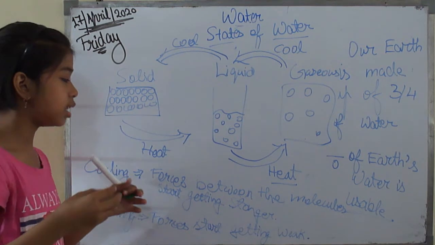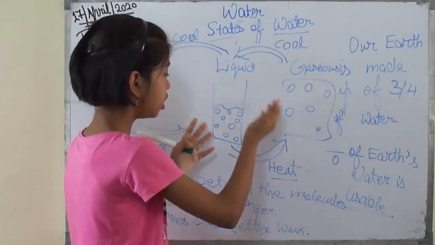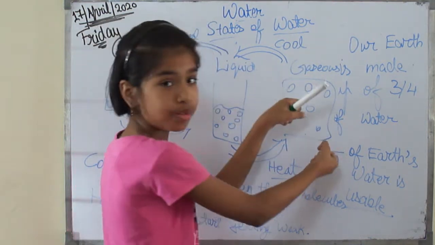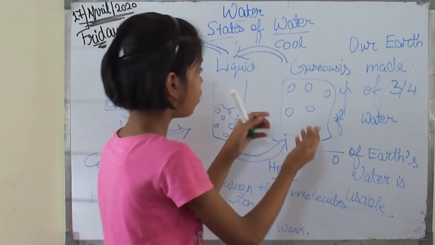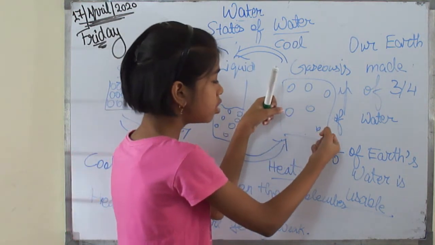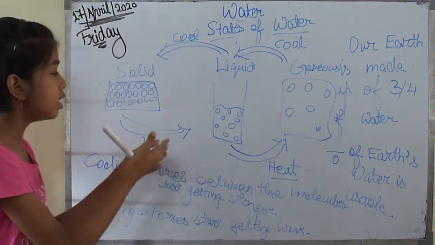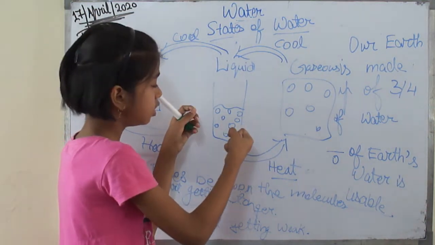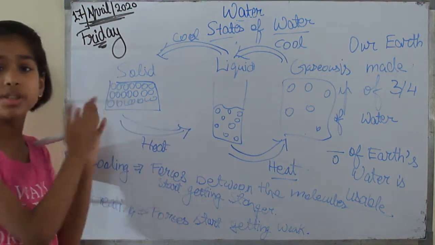Take the gas molecules, they are so far from each other, and if I cool that, the molecules start getting closer, and it forms the water. And then if I again cool this, they also start getting closer, and they form the solid.